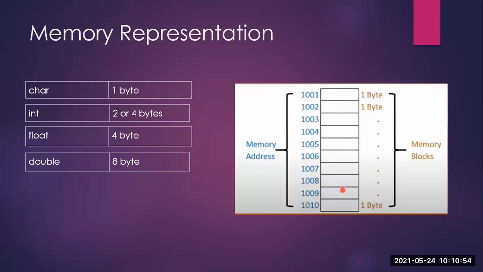So likewise in the computer's memory, in actual time, there will be a lot of such blocks. We have just taken one small block for our understanding here. Now the memory addresses can start from 0 and can go up to n, right? So for our understanding, we have taken these memory addresses, which are in blue color, starting from 1001, 1002 and so on.